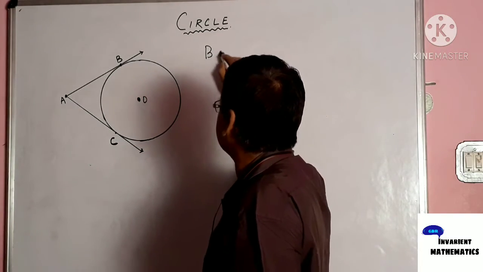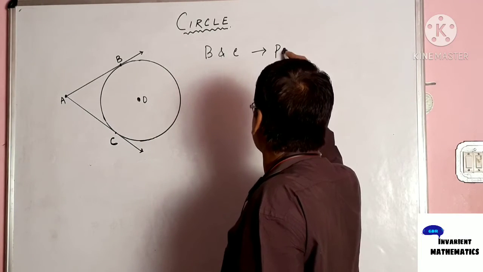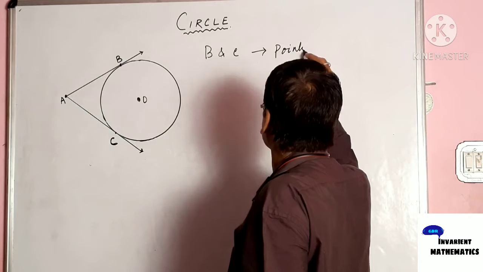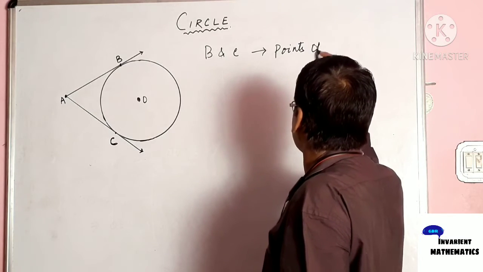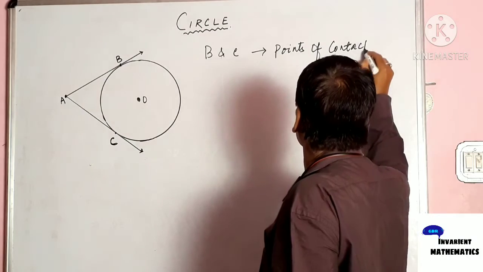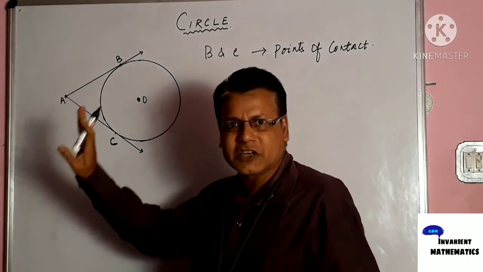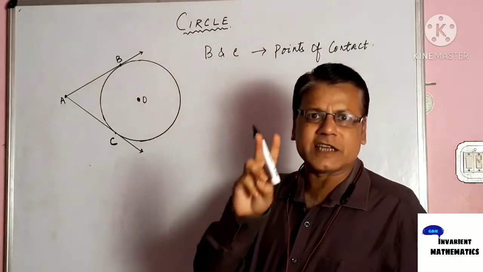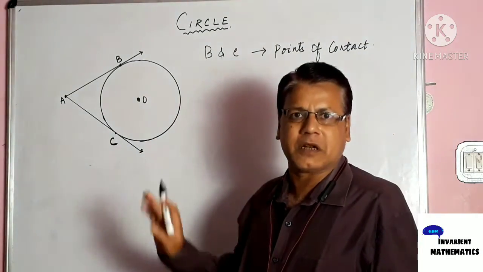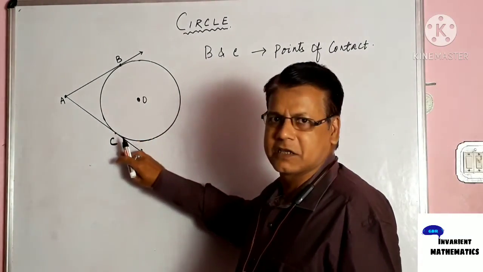So point B and C are called points of contact. So from an exterior point, two tangents can be drawn to a circle and we get 2 points of contact.